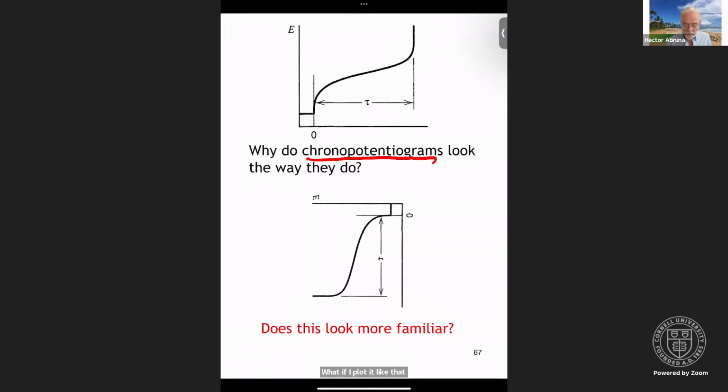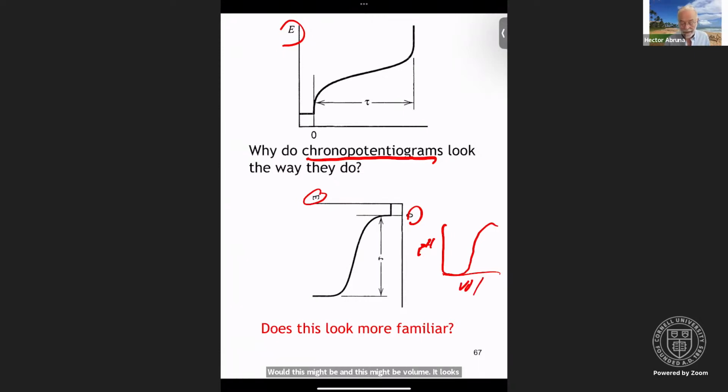Notice all I did is rotate it. Here's E, and this is potential over here. Does a profile that looks like this look familiar? Where this might be pH and this might be volume. It looks like a titration curve, right?